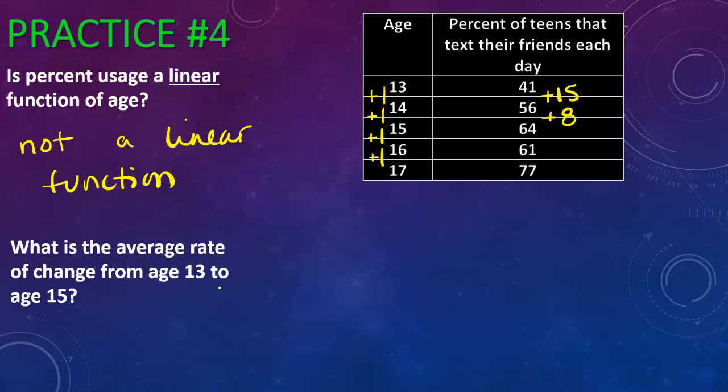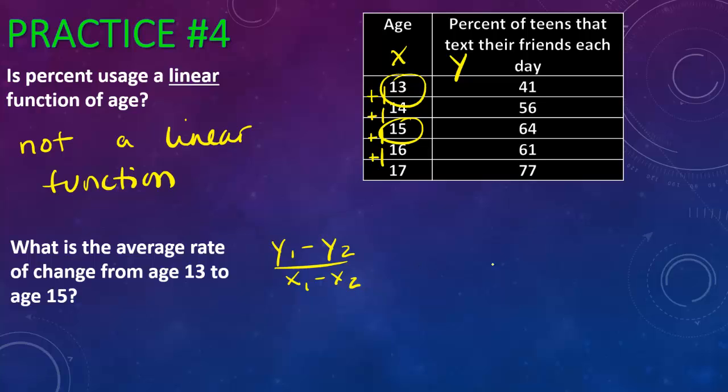You can still find the rate of change between 2 points if it asks you the average rate of change. Like in this case, what's the average rate of change from age 13 to age 15? Well, these are your x's, these are your y's. When a column goes up and down, x's are on the left, y's are on the right. So remember, we have y1 minus y2, or vice versa, however you want to look at it. So I'm given my x's actually, 13 and 15. So I'm going to do 13 minus 15.